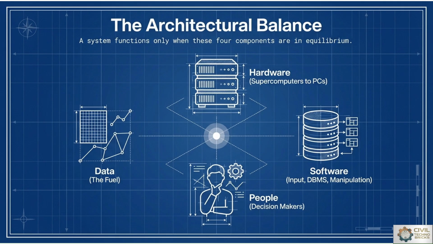GIS architecture has evolved from standalone desktop systems to client server networks, and finally to the cloud. In a desktop environment, all data and processing are on one machine. In the client server model, a central server stores the data, but the processing still happens on the user's computer. So two parts: the desktop environment is one machine dependent, and the client server model is server dependent.